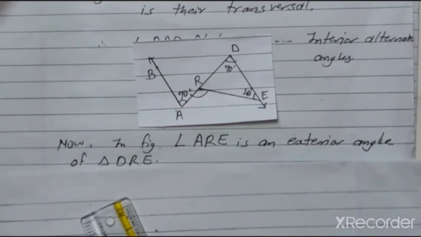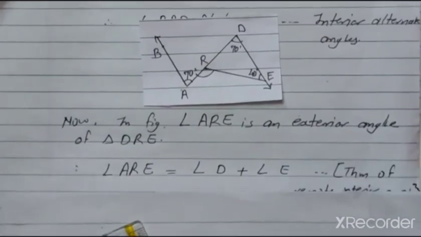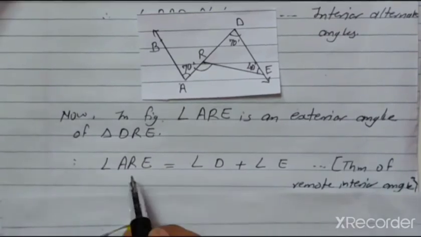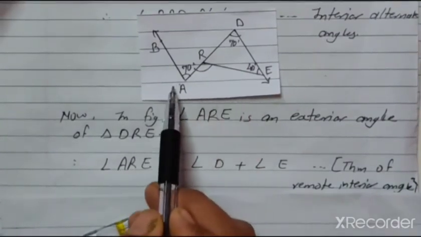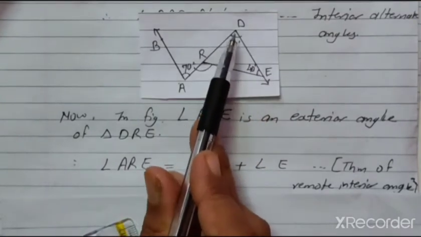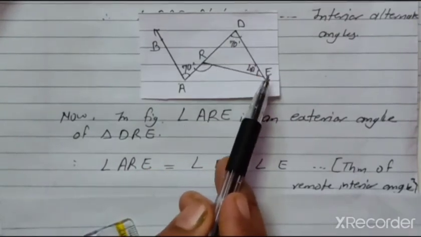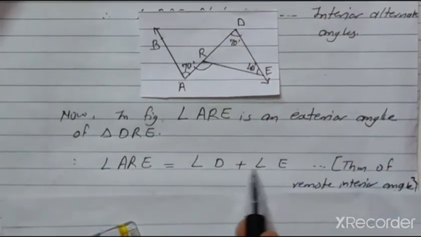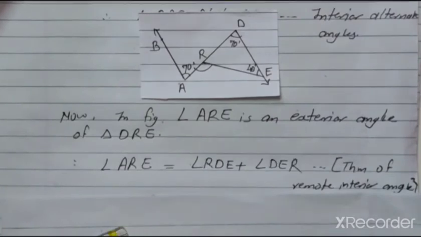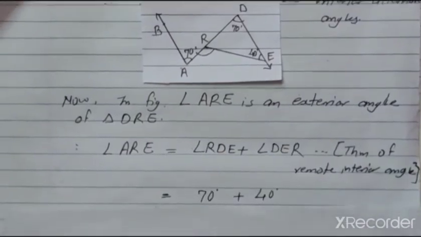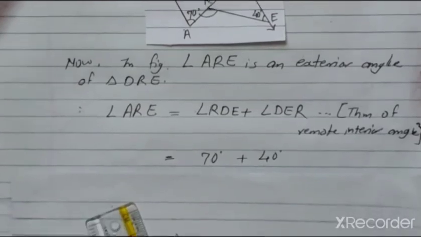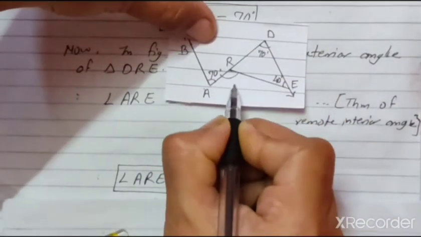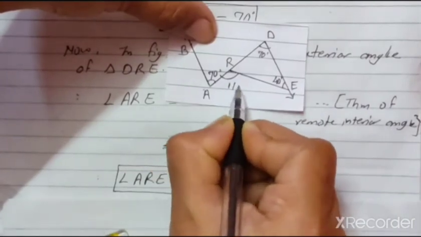Therefore, by using the exterior angle or remote interior angle theorem, angle ARE is equal to angle D plus angle E. Both are its remote interior angles. I am just converting this angle into its 3-letter name. Now substitute its values, that is 70 plus 40 is equal to 110. So now we get the value of this exterior angle is equal to 110.